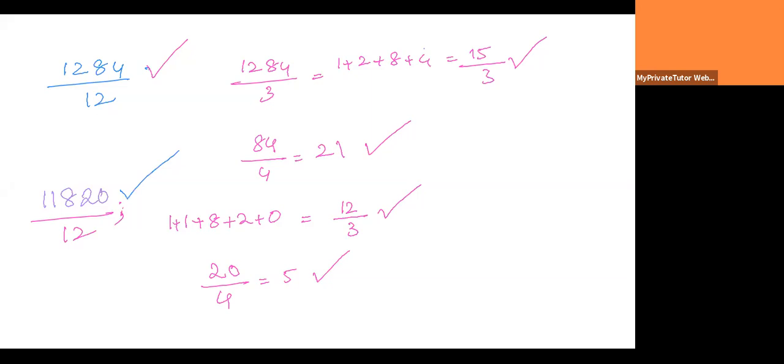So that's it for divisibility rules. We do have rules for 13 and beyond, but I think up to 12 is fine. So I hope everyone understands. Please let me know if you have any questions, else we'll move to the LCM and HCF part. I will just wait for 30 seconds or so. You can ask me if you have any questions on divisibility. So these are the rules.